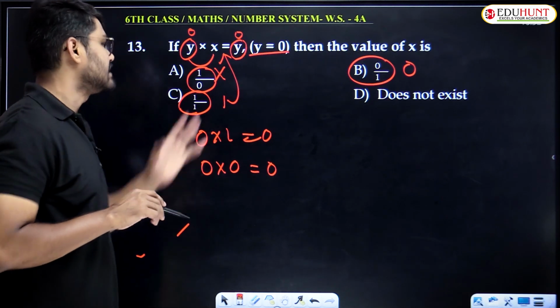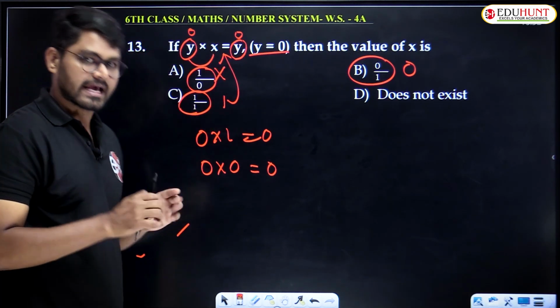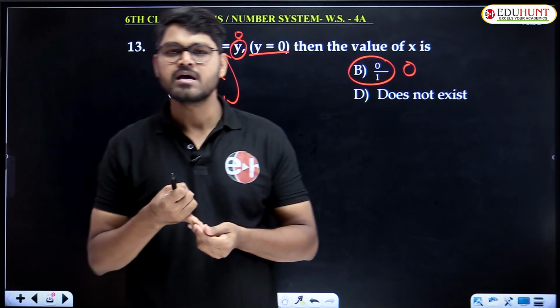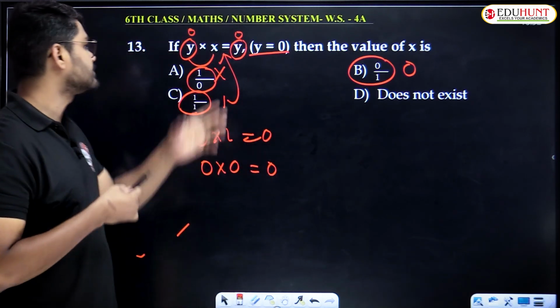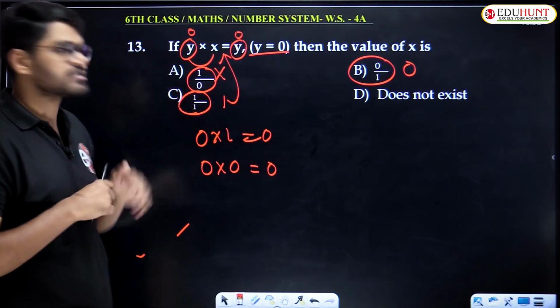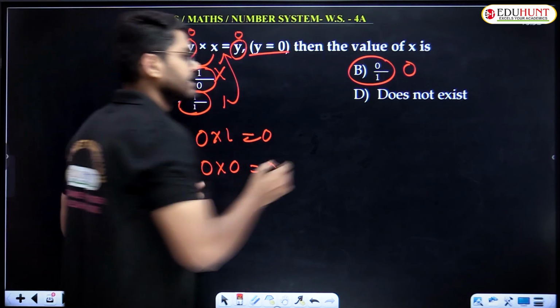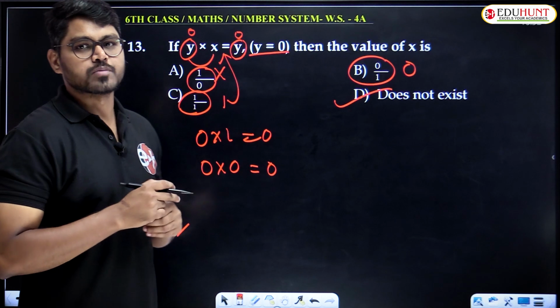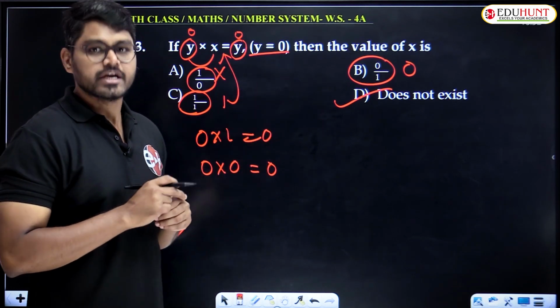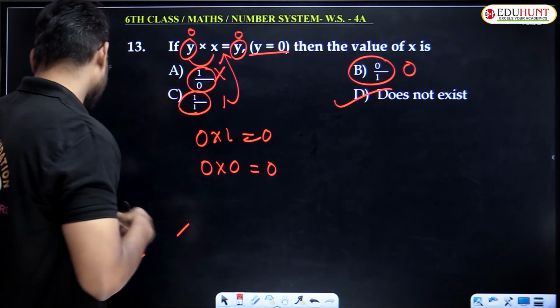You can take any number. Even though x is a variable, we can take any number. Irrespective of the x value, that becomes 0 only. That means the answer for this question is option D, that does not exist. Did you understand, students? Let's move on to the next one.